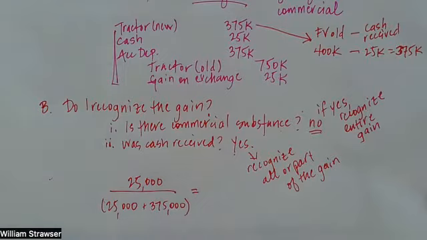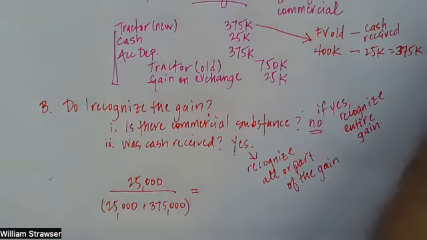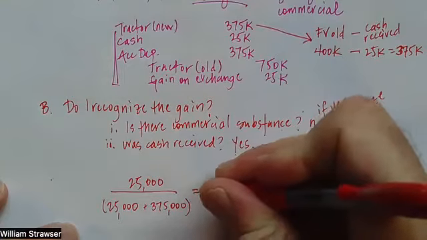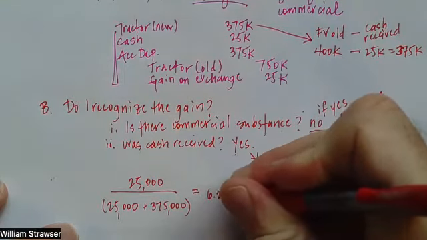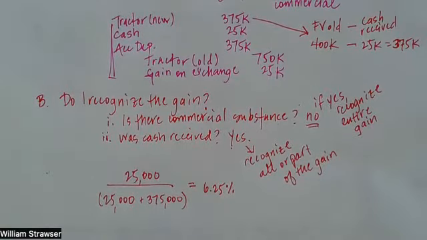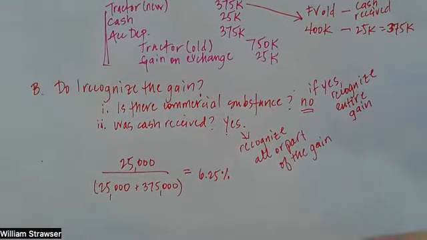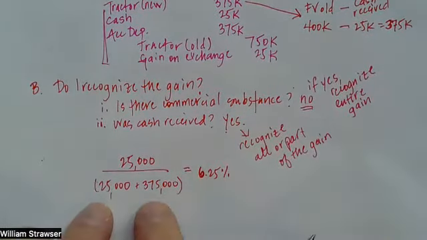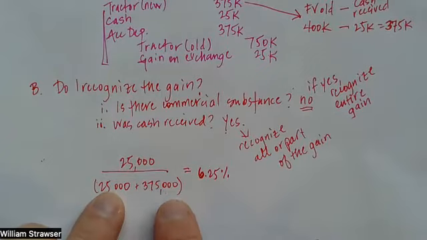If I do a quick calculation with my phone, which I seem to have lost, okay, I'll do it on my computer instead. 25,000 divided by 400,000 is 6.25%. So now I know that the amount of cash I received is 6.25% of the total value of things that I received, the cash and the old tractor.